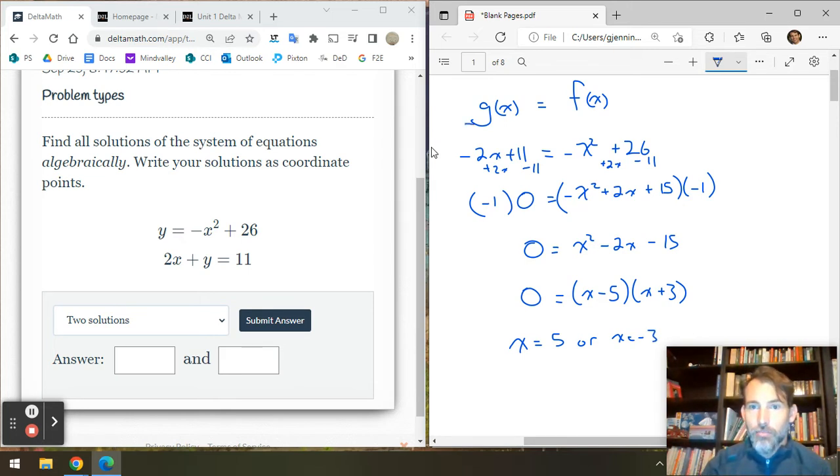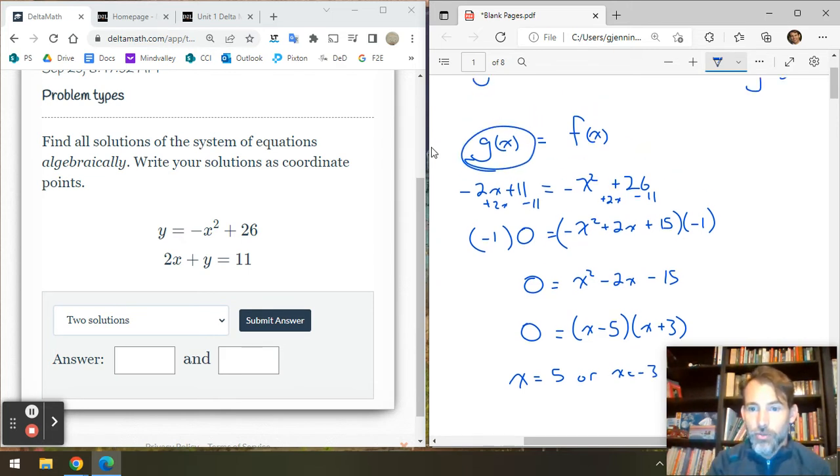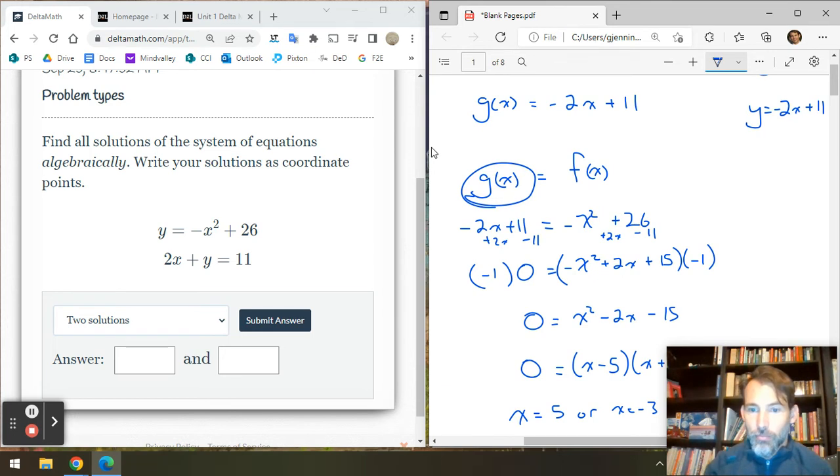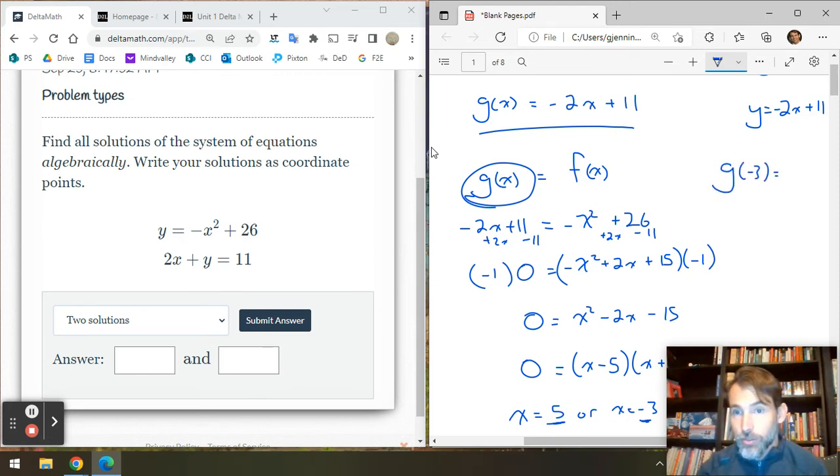So now let's grab g of x, and we'll grab those two values, 5 and minus 3 that we got from factoring, and evaluate what g of x equals at those values. So g at minus 3 equals minus 2 times minus 3 plus 11.